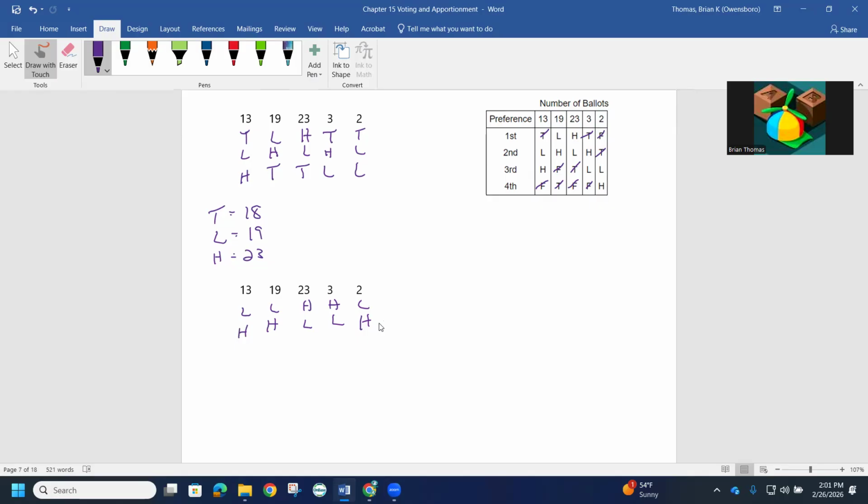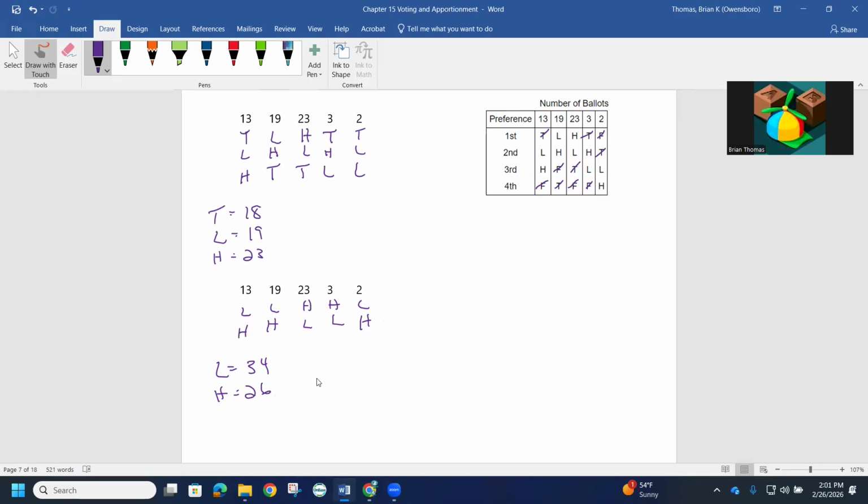As we go through here, now we look at the first place votes again. I'm seeing 32 plus 2 for the library, which would be 34, where the housing is only 26. That does add up to 60.